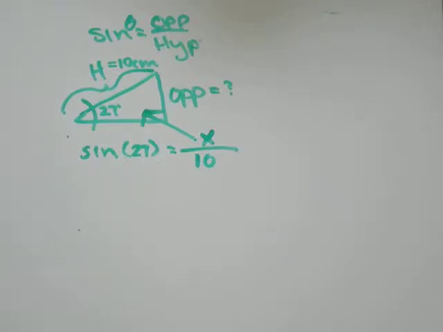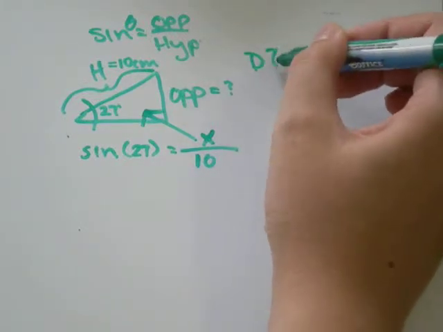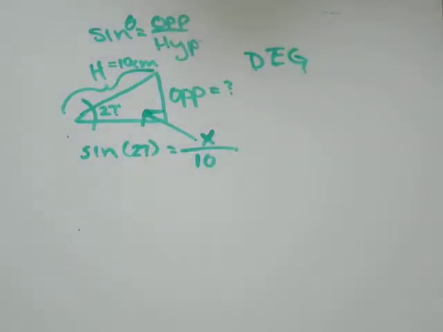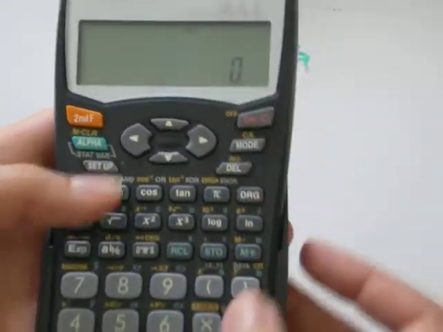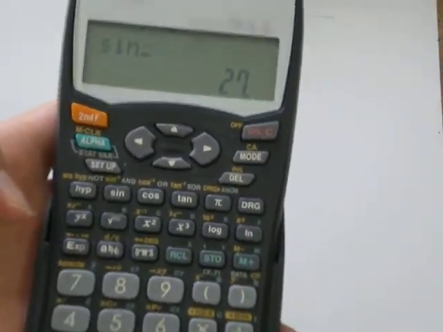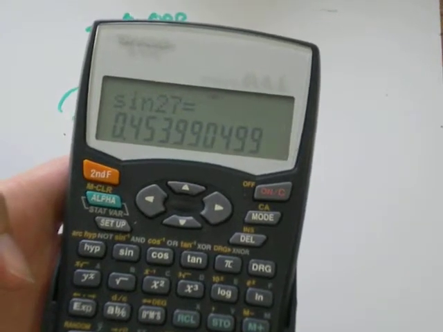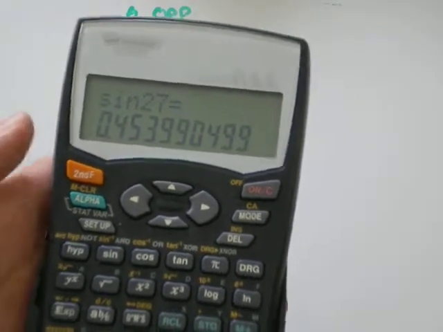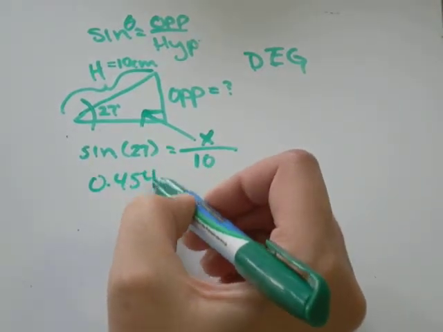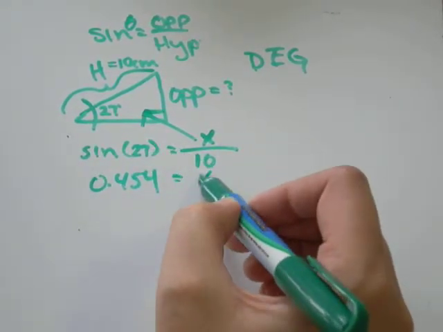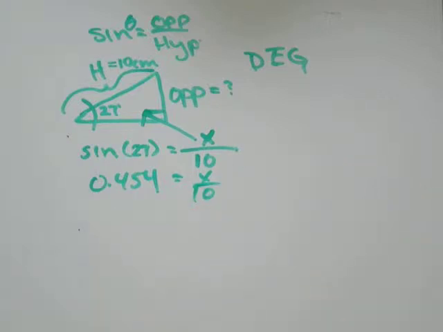On my calculator, make sure your calculator is in degree mode. It should say DEG on it somewhere, which stands for degrees. So I'm just going to go 27 sine, which equals 0.45. Let's round that to 0.454. So sine 27 equals x over 10.